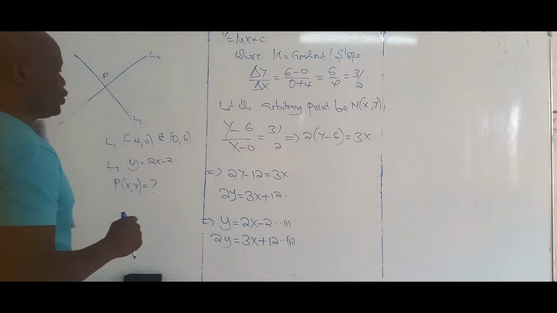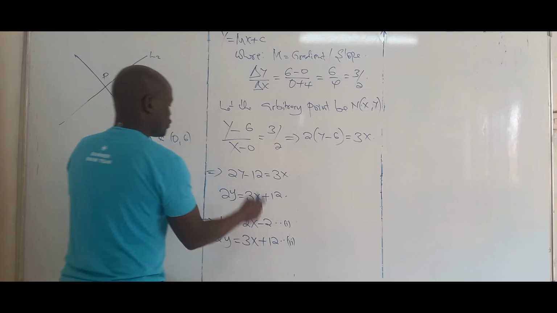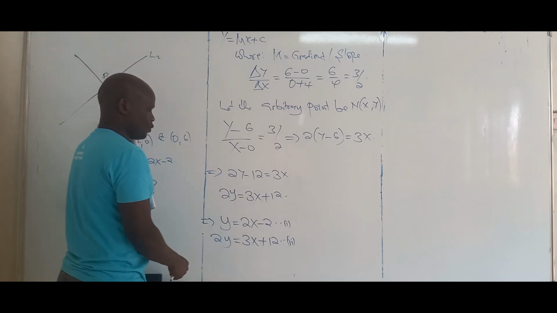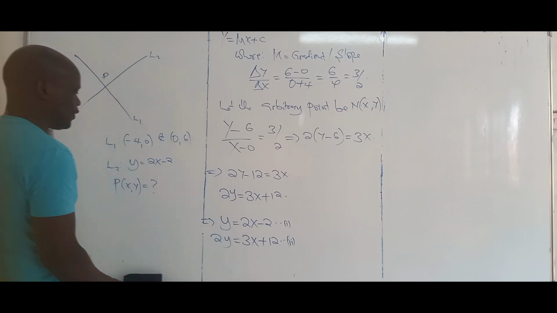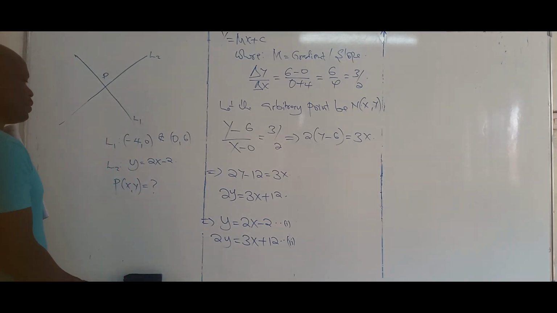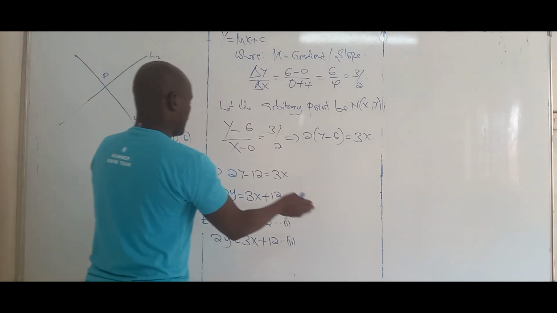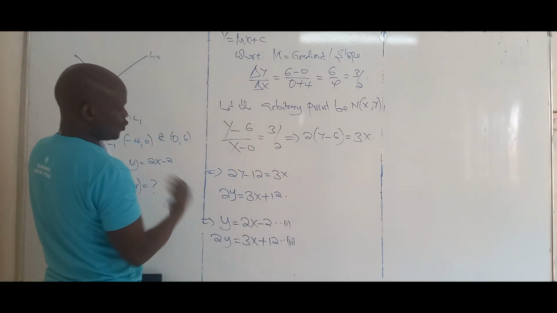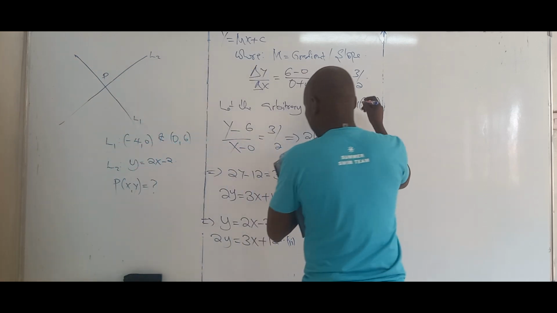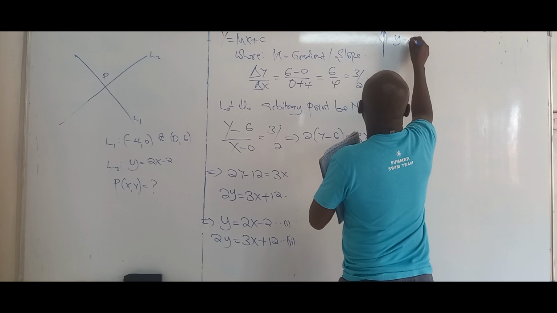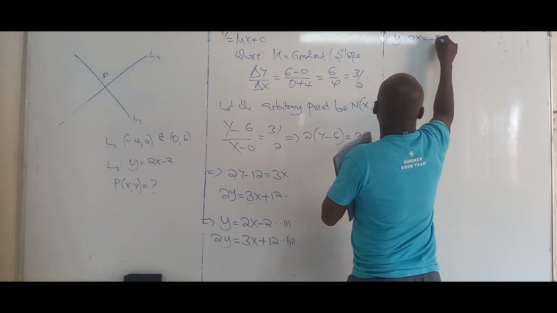So we've got two equations that we want to solve simultaneously. Let me first rearrange so that I have the unknowns on one side and the knowns on the other. First, y minus 2x is equal to -2.